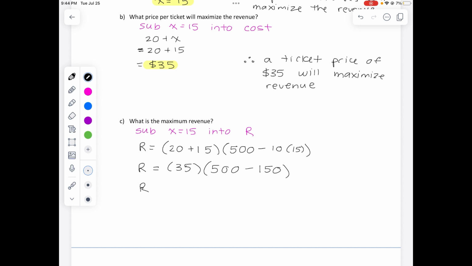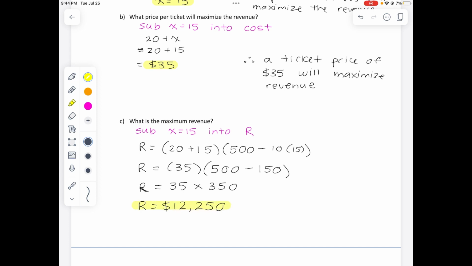So my revenue is 35 times 500 minus 150, which is 350, which gives me a revenue of $12,250. Okay, so this is the y value of our vertex, which again represents the maximum revenue.